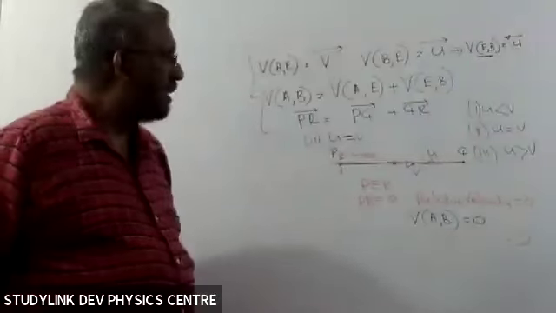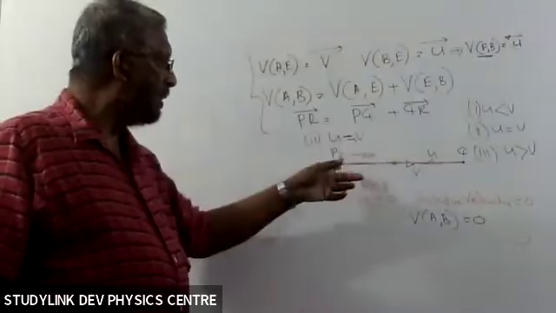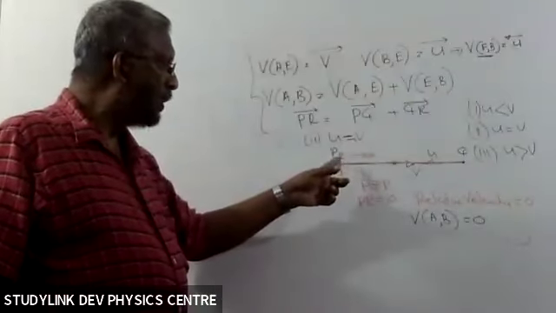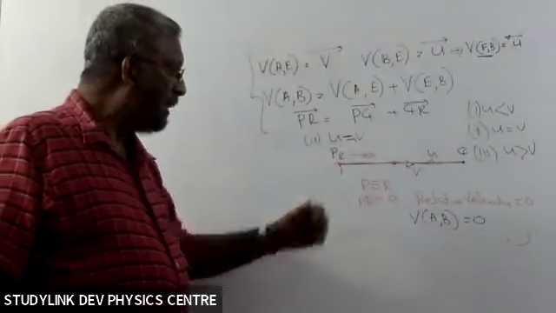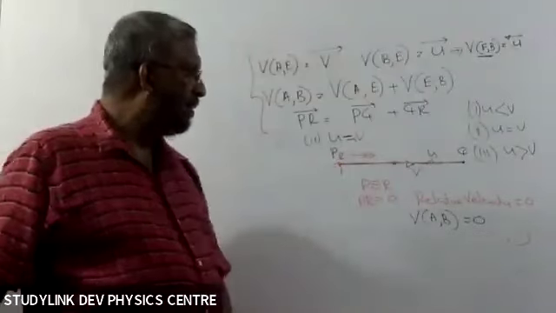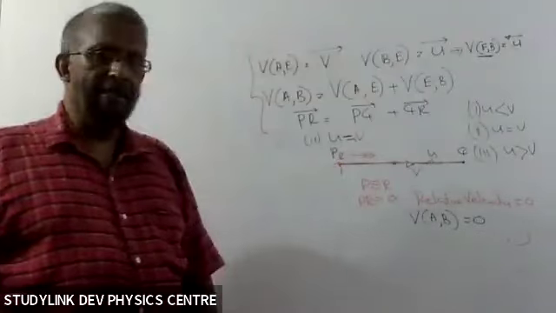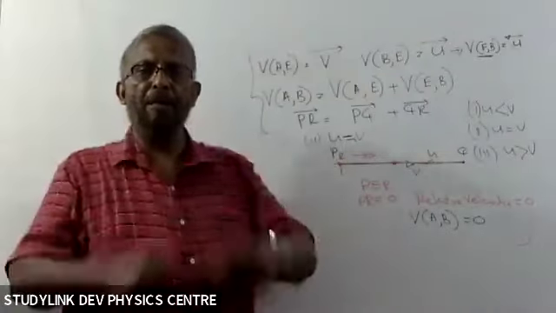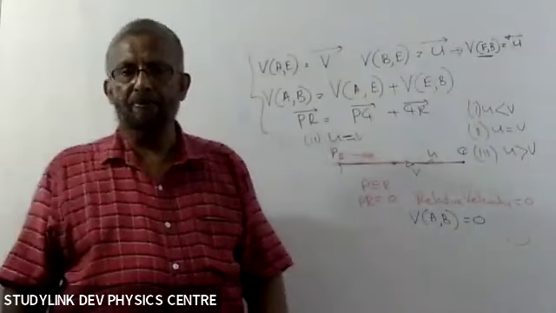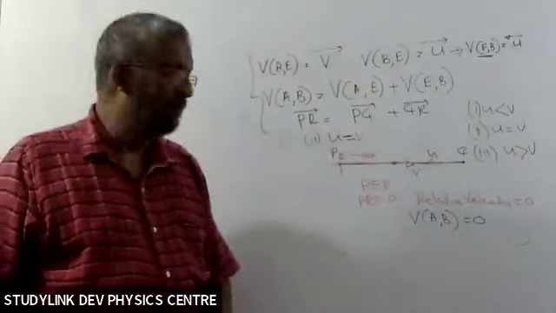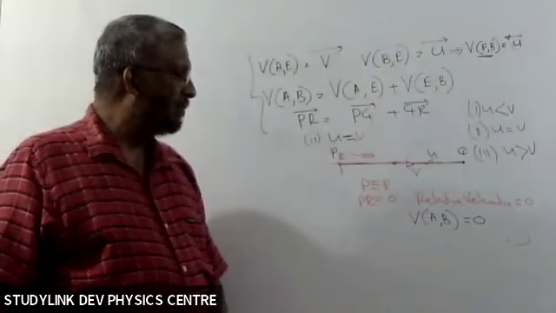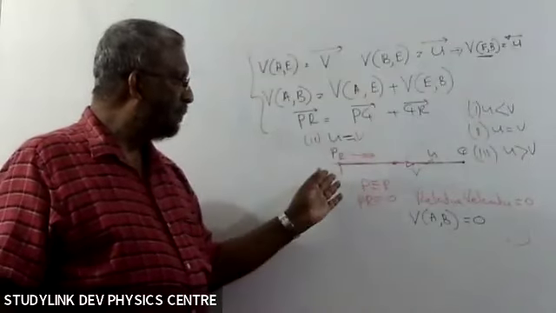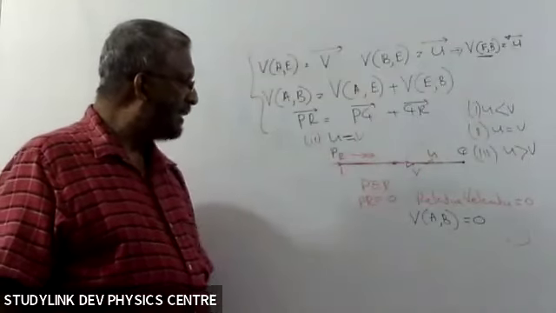In other words, R comes to the same position as P. Then P and R are at the same point. They coincide. Then the PR distance is 0.